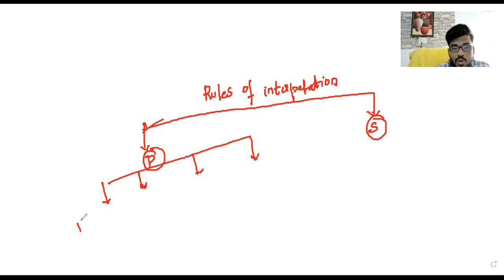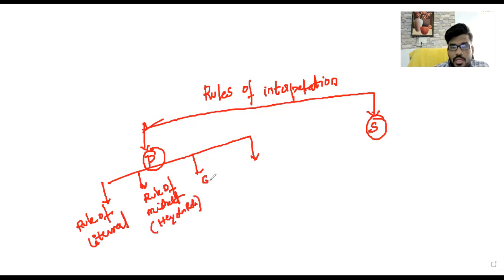First of all, the rule of literal interpretation. Next one is the rule of mischief, also called Heydon's rule.